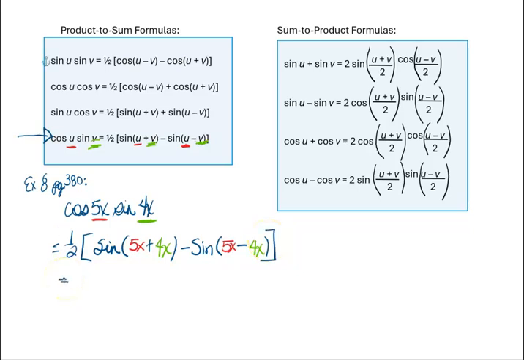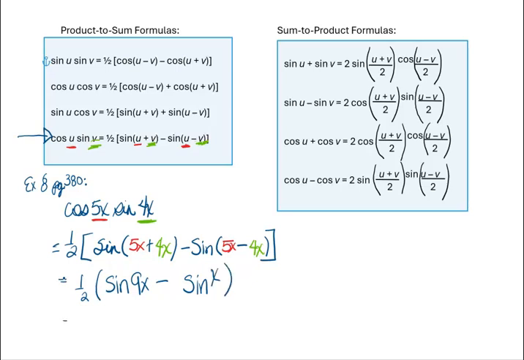And then when I simplify this, I get 1/2 times the sine of 5x plus 4x, because they're like terms I can add them, becomes 9x, minus the sine of 5x minus 4x, because they are like terms I can subtract them just to get x.